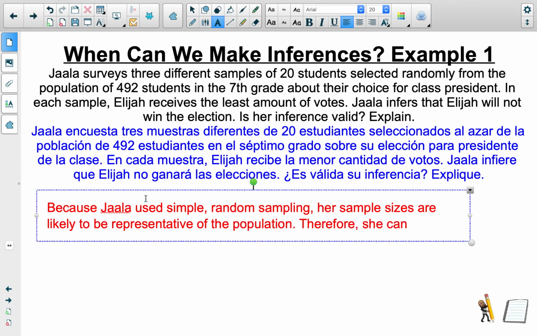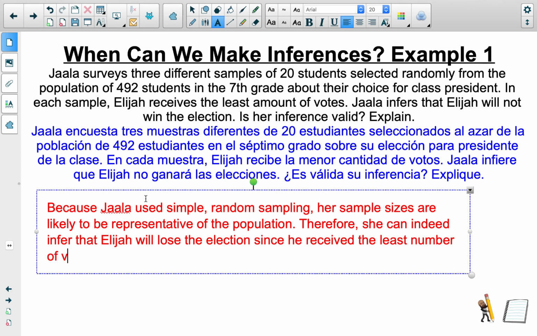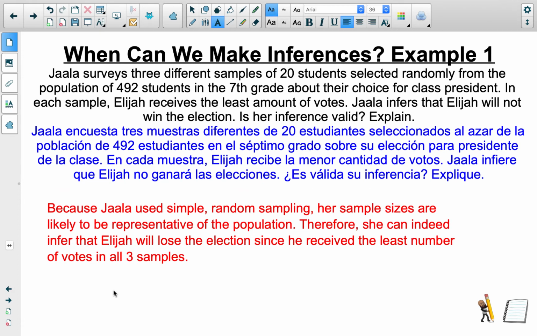Therefore, she can indeed infer that Elijah will lose the election since he received the least number of votes in all 3 samples.